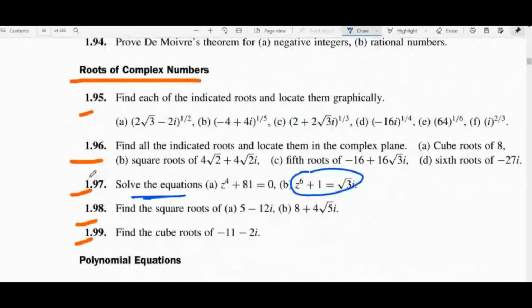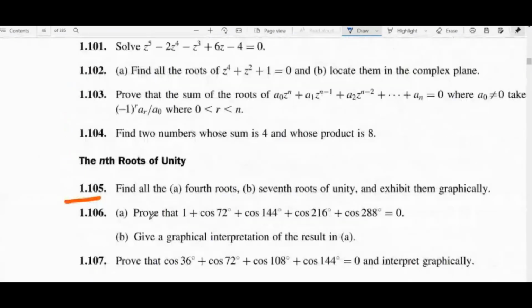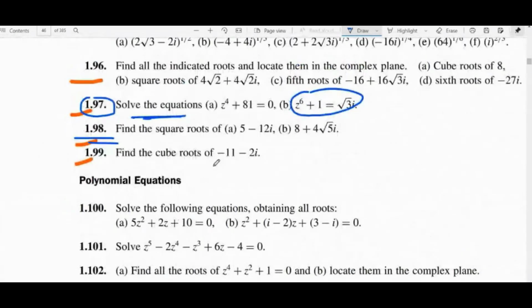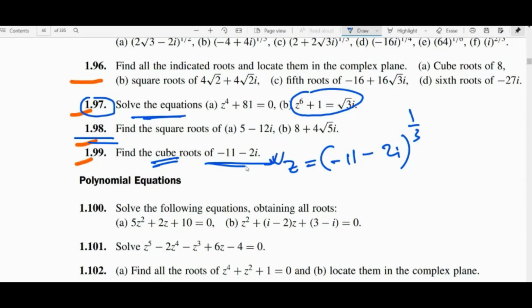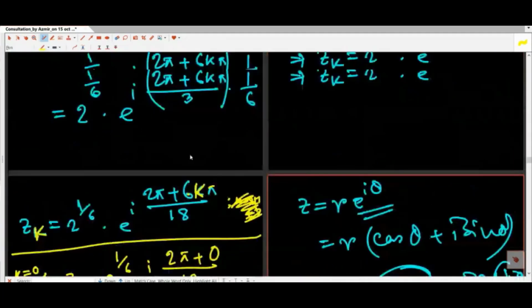This problem and this problem are the same, that is, find the cube roots of this one. It will be (minus 11 minus 2i) power 1 over 3. So first we can consider z equals this. That means we are starting from this portion.